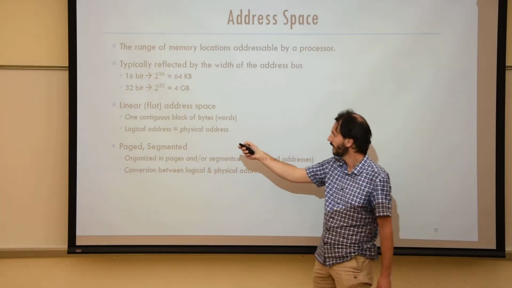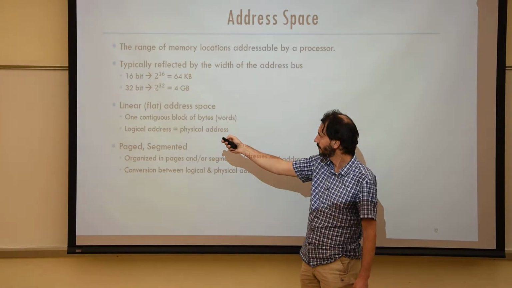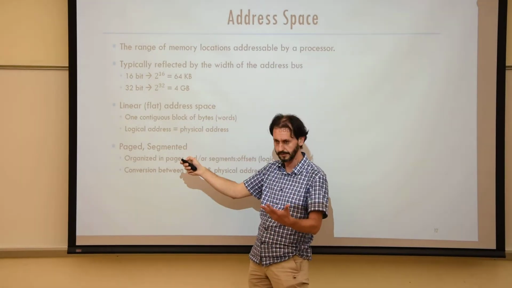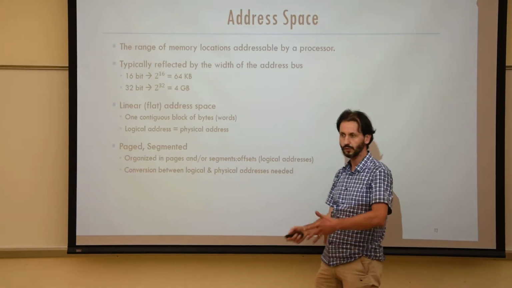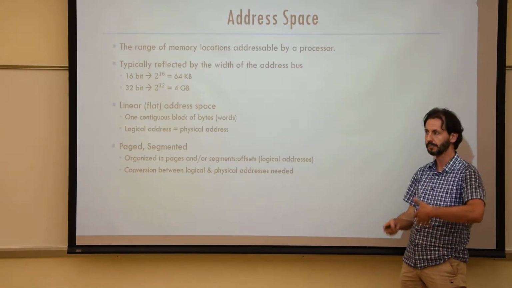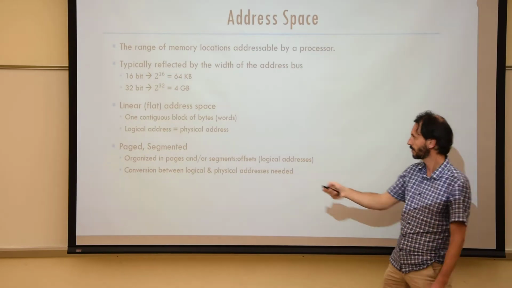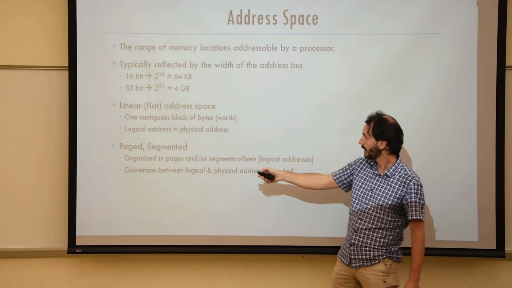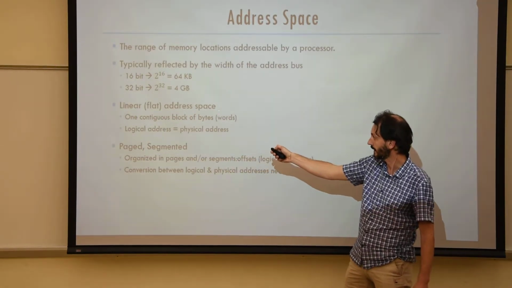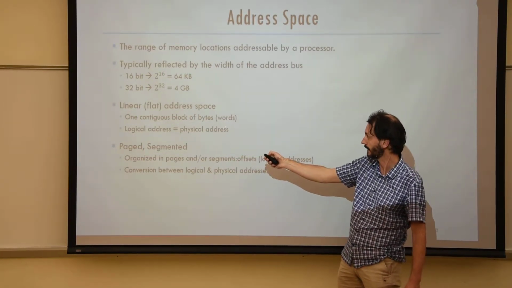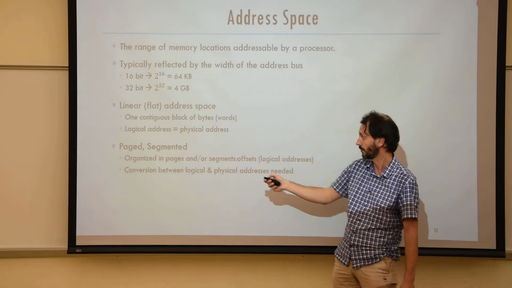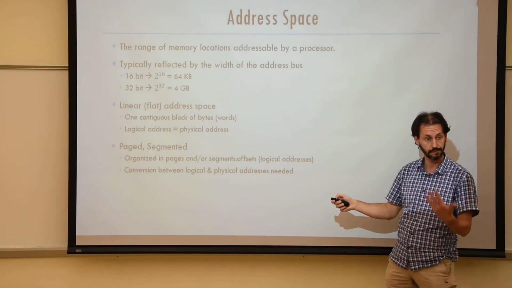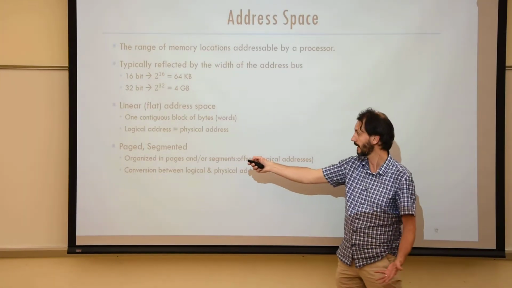If I have 2 to the power 32, so if I have 32 bits, then I have 2 to the power 32 locations, and suppose that each location stores 1 byte, then it would lead to 4 gigabytes. Alright, so I have a linear flat address space, just one contiguous block of bytes, where the logical addresses reflect the actual physical addresses. So they're actually the same.